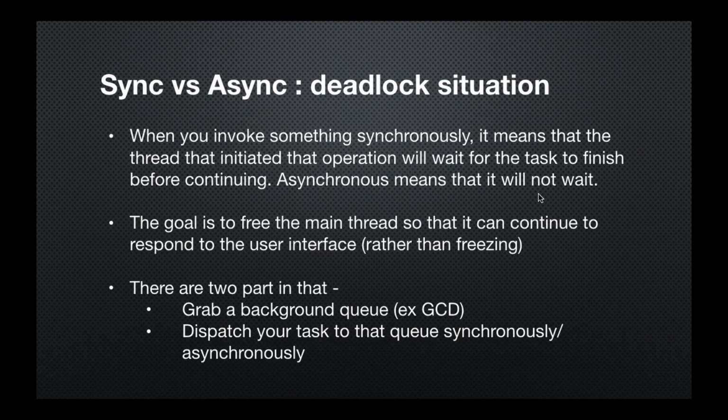A very good example would be: let's say you have three API calls to make and you made them synchronously. The first API call will be made, and once that is done, the second API call will be made, and when that is done, the third API call will be made. So all three API calls will be done synchronously, one after another.